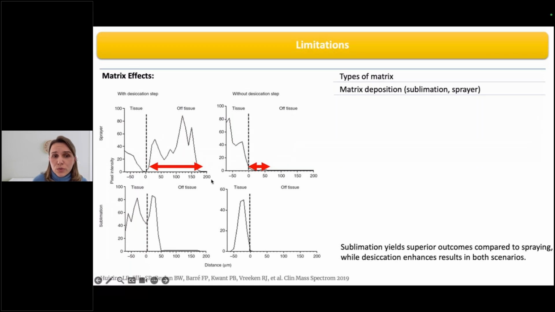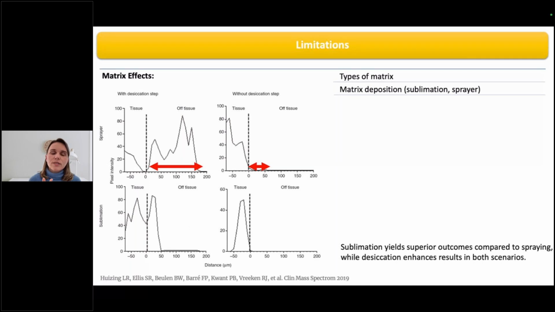It's about 200 micron pixel intensity, which means that you will not have your lipid ion signal where the actual tissue is. So you will have a deviation. But if you perform sublimation, we can see that we limit this error a little bit. And the perfect condition would be to perform the sublimation and to desiccate your tissue.